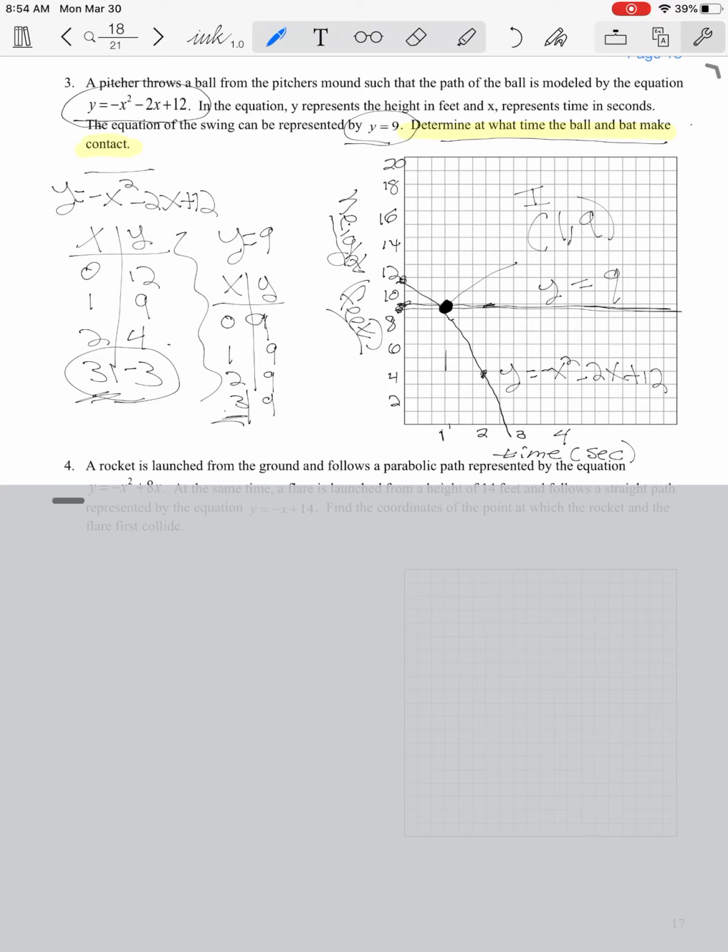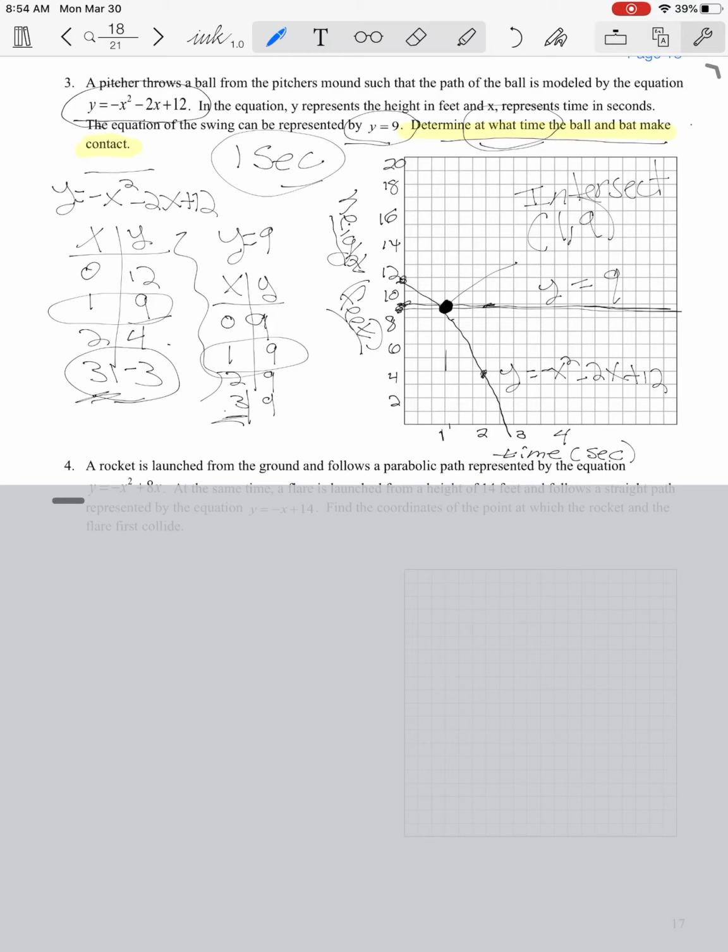So this is where they made contact. But in order to answer the question, it says determine at what time. Well, at what time was that? That was at 1 second. And there's your answer. You can always see from the table where they intersect also.